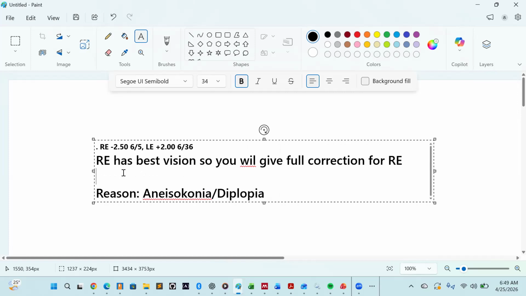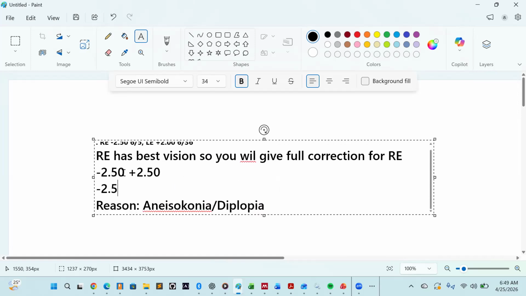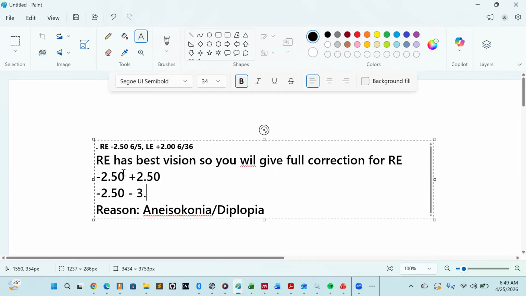So we do minus 250 plus 250, and then minus 250 minus 250. Minus 250 plus 250 gives you plano, and minus 250 minus 250 will give you minus 5.